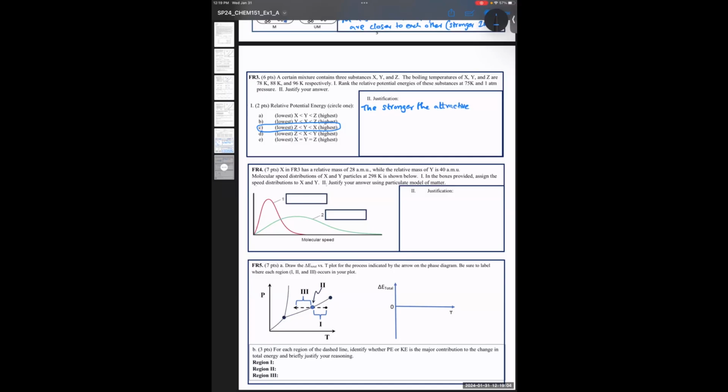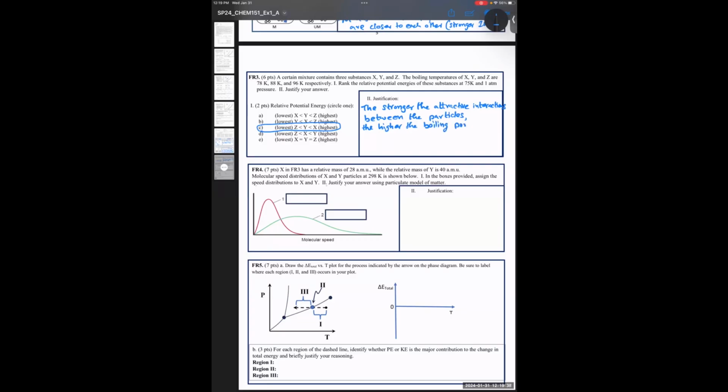Attractive interactions between the particles, the higher the boiling point.